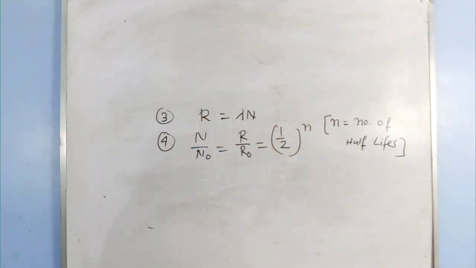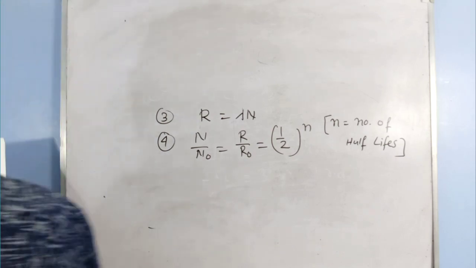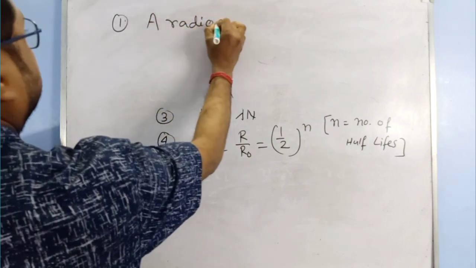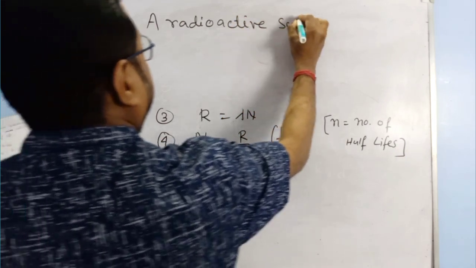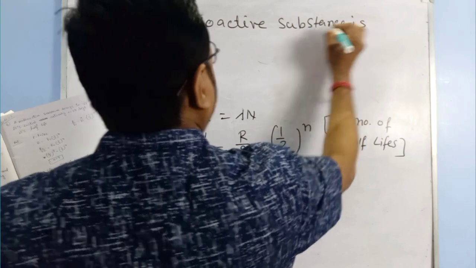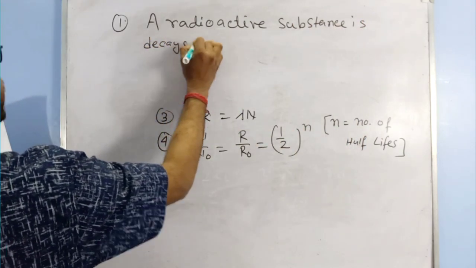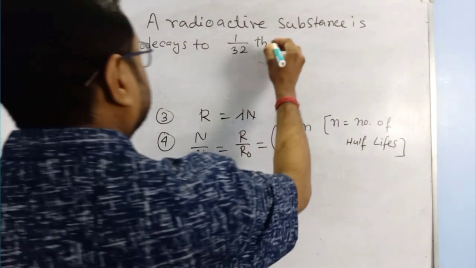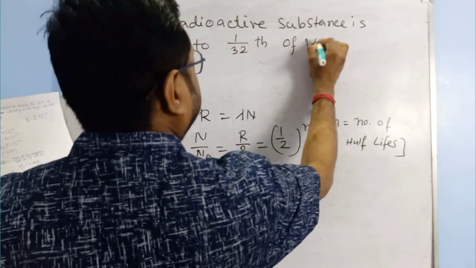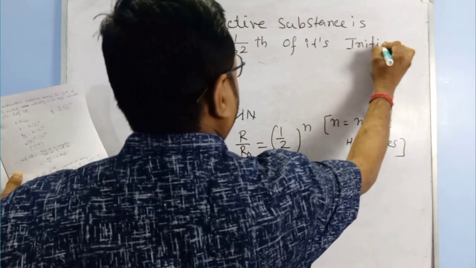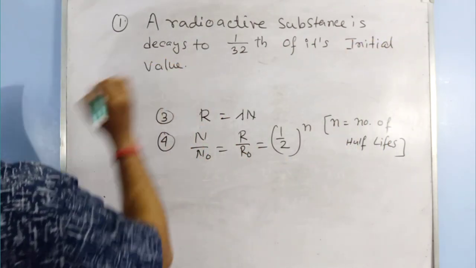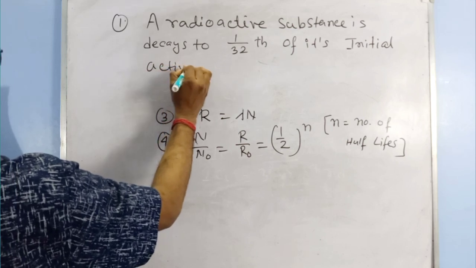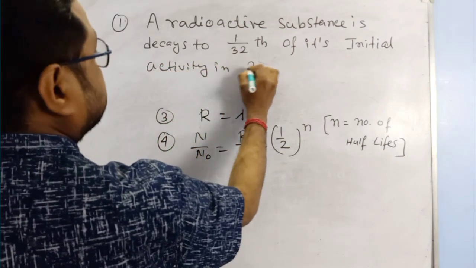So, the question is, a radioactive substance decays to 1 by 32 of its initial activity, not value, initial activity, in 25 days.